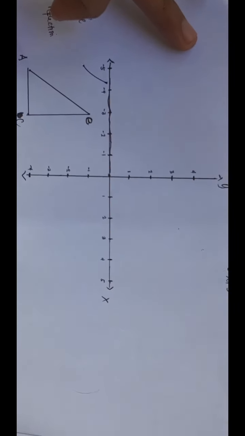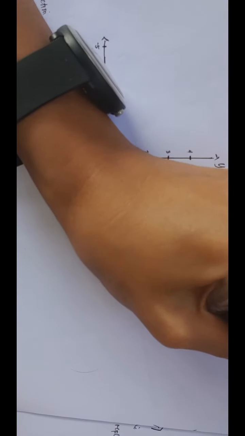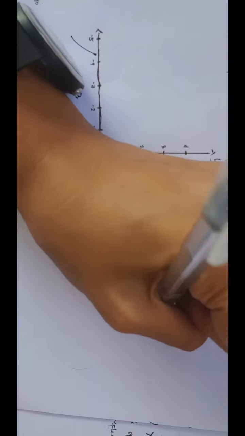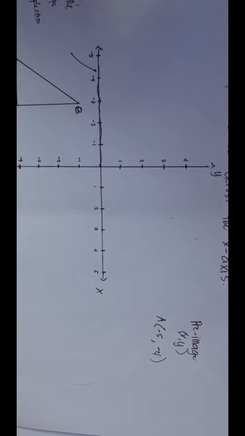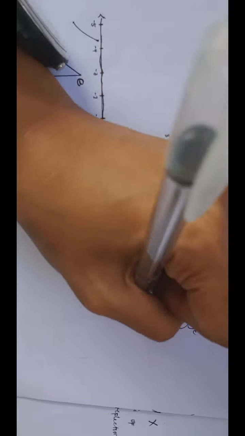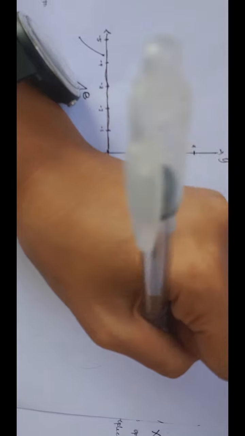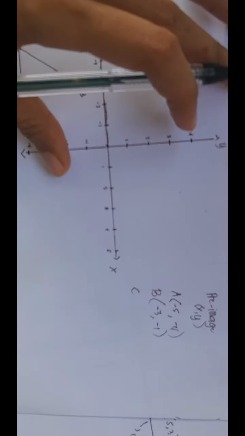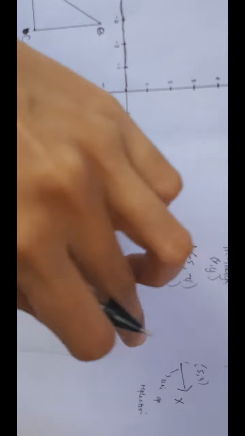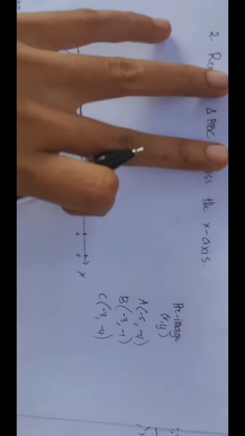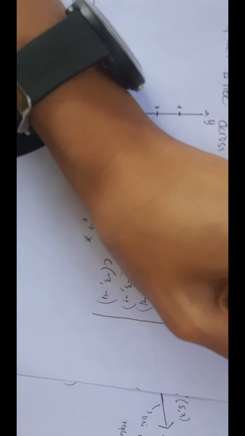So the pre-image, we have a table: x, y, A (-5, -4), B (-3, -1), C (-3, -4). So this is reflected across the x-axis.